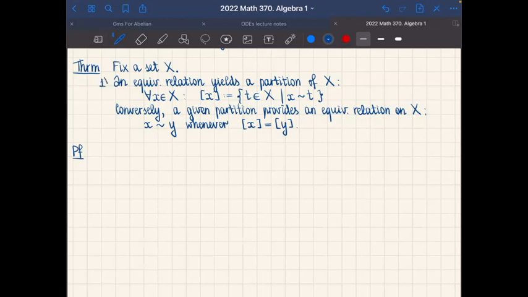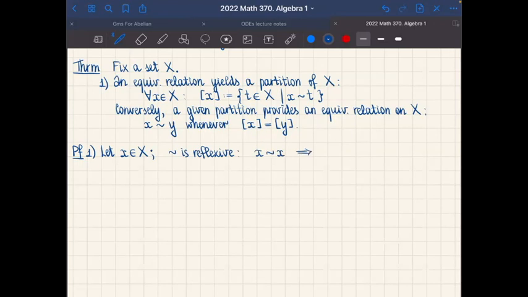Let me first prove that an equivalence relation yields a partition. For proving one, let x be any element. We know that the equivalence relation is reflexive, meaning that x is equivalent to itself.